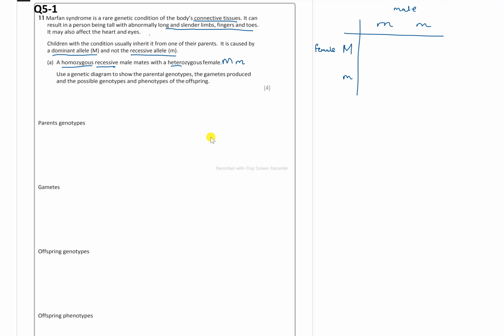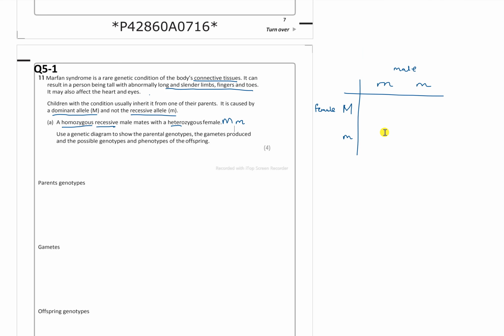Right, use a genetic diagram to show the parental phenotypes. So what we have here is the parents will have Mm and Mm. The gametes will be big M and small m, and big M and small m.